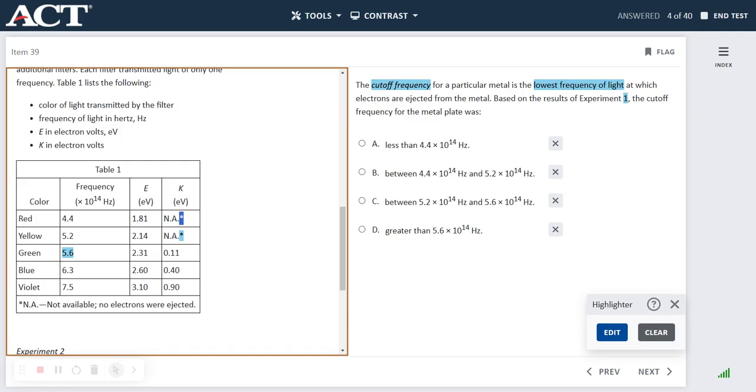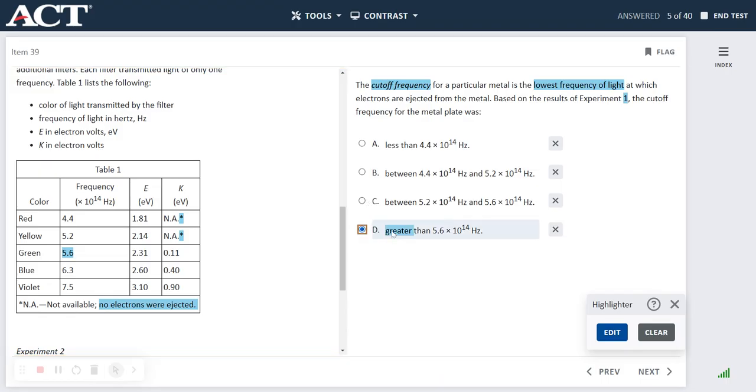Because no electrons were ejected. So at 5.2, they're not ejected. At 5.6, they are. So somewhere between 5.2 and 5.6, they're ejected. It's not greater than, because greater would mean it didn't happen at 5.6. So it's between 5.2 and 5.6, so C.